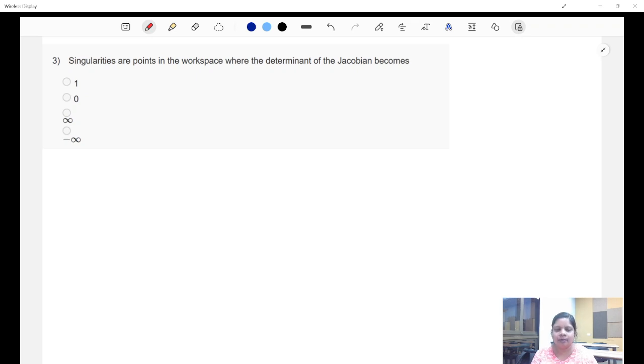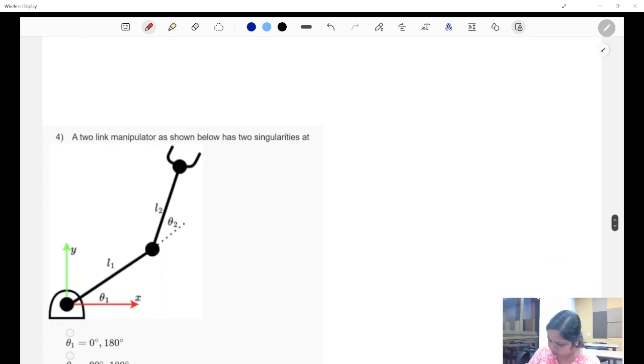Singularities occur when the determinant of the Jacobian becomes 0, and then you have infinite joint velocities coming up, which is really not possible. So the answer is 0. I hope everything is clear. We already saw this.